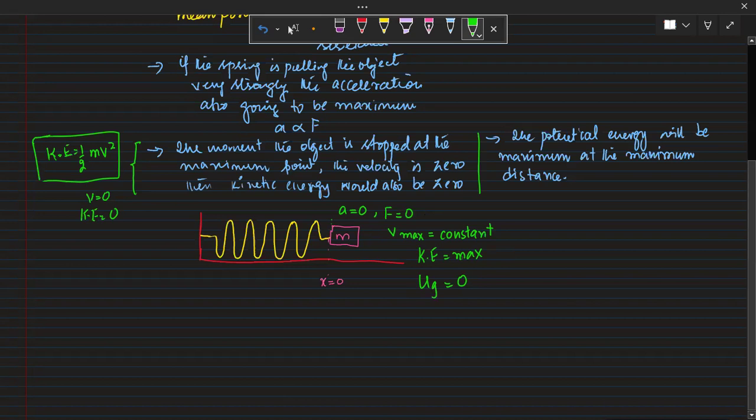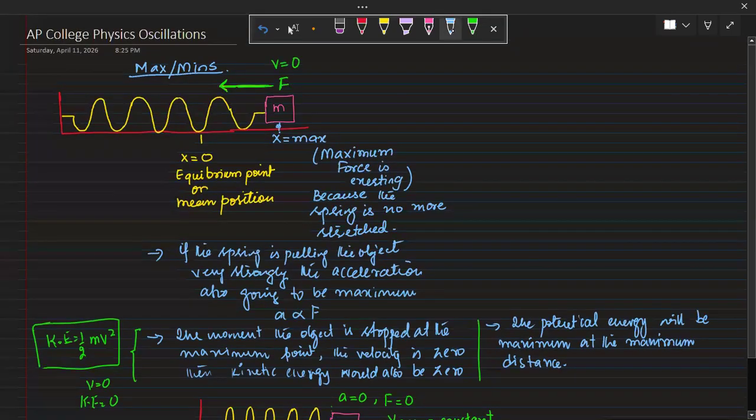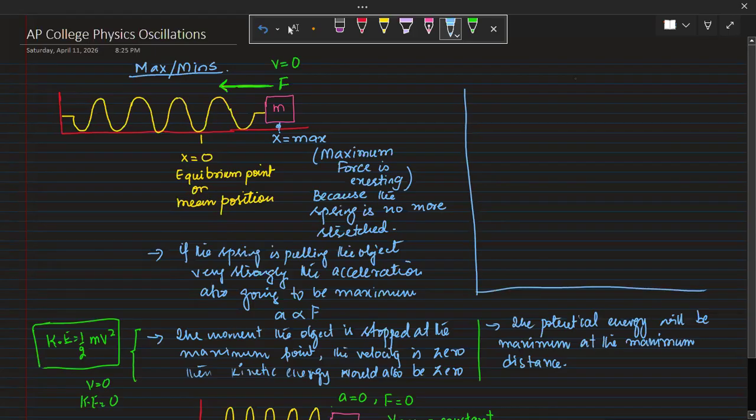Now we have the case where we are given a pendulum. This is the point where the string is attached, and I'm going to draw 5 different lines. The dotted ones represent the different points at which the object is moving, right?